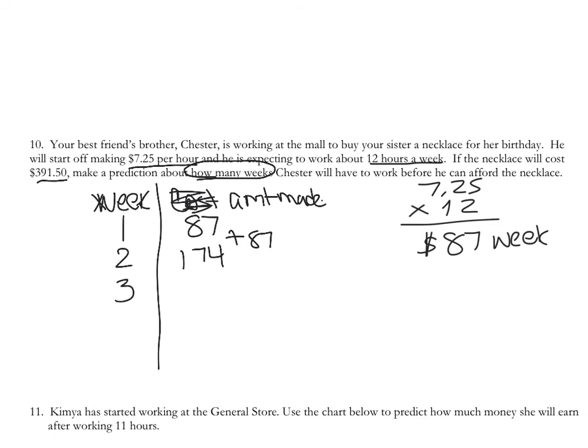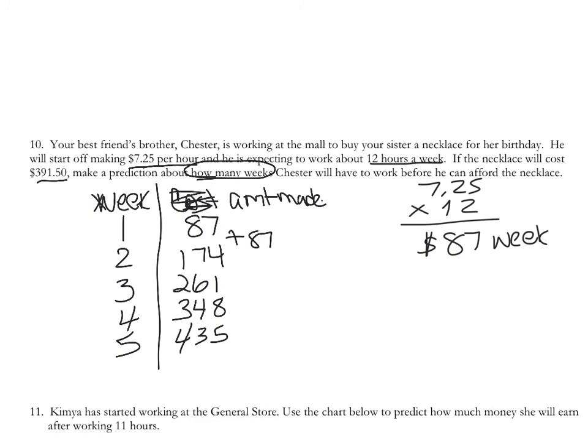Week 3, he makes another $87. So that's going to be 261. Then he makes another 87. So that's going to be 348. Then he makes another 87. So it's 435.